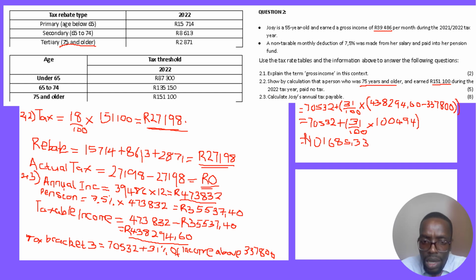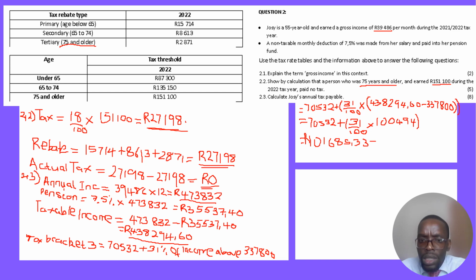But this amount of money is the tax that is payable. You now need to subtract things like your rebates, and also your medical credits if we had any. We are not told anything about medical credits, so we only have rebates here.